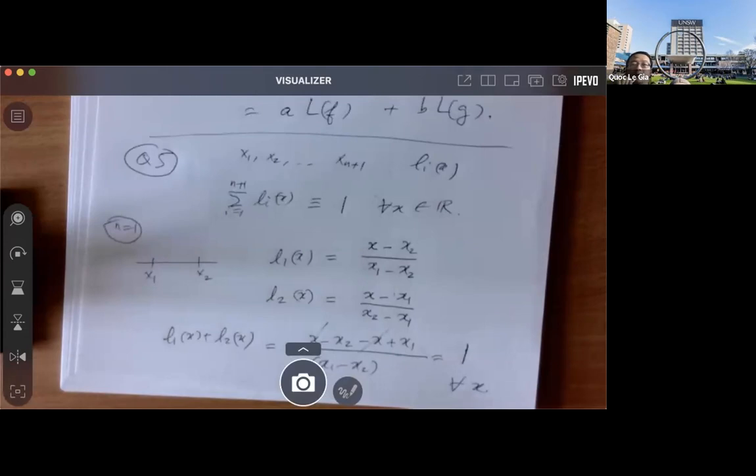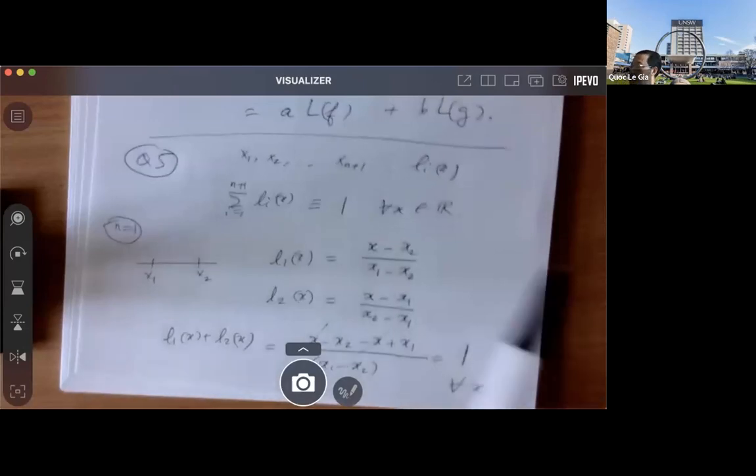So how do we prove it in the general case? The hint is you have to choose some special function f. So what special function f?